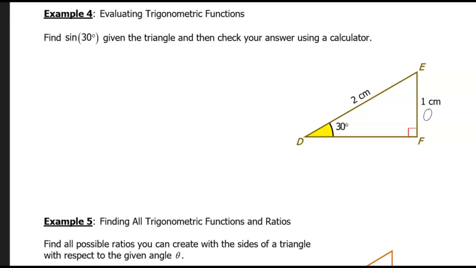Opposite. What is the 2 centimeters? H. Adjacent doesn't have anything. So if I'm trying to find the sine of 30, sine is O over H. What is my ratio? 1 over 2. And this is actually the most famous trig ratio. The sine of 30 is always 1/2.